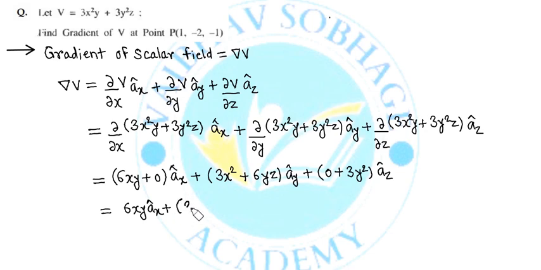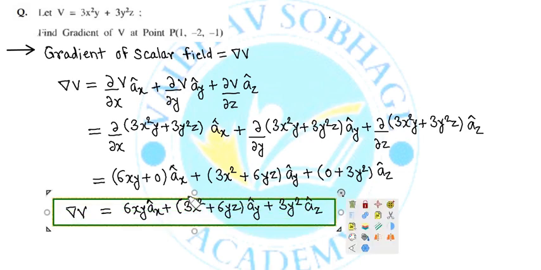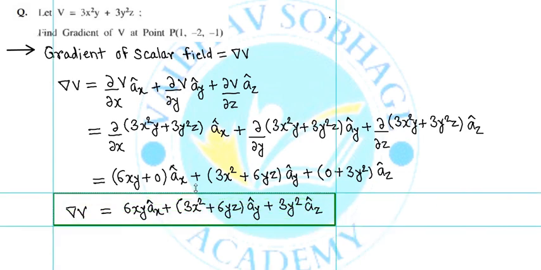Then the second term is 3x square plus 6yz ay cap, plus 3y square az cap. So this is the gradient of your given scalar field V. So we have found the gradient of a scalar field V.